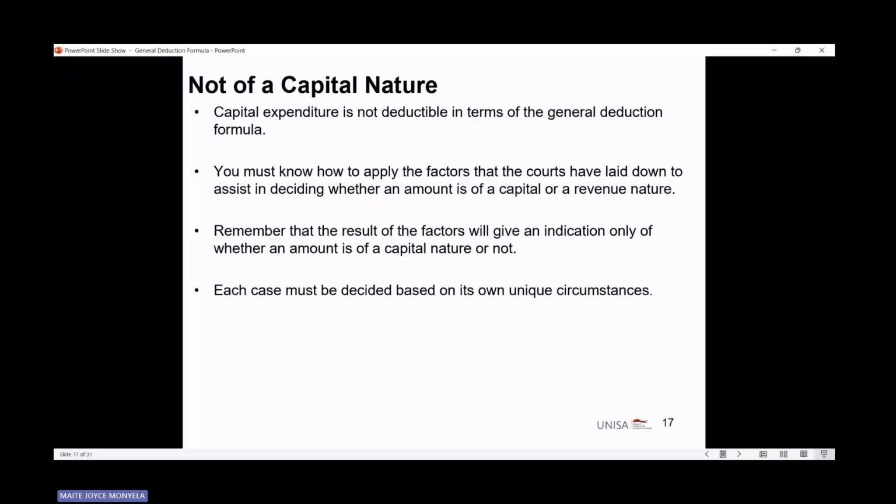So for not of capital nature, you need to know how to apply the general deduction formula. You must determine whether it's of capital nature or revenue nature, and also know the court case linked to capital or revenue nature to decide whether this amount qualifies as a deduction.